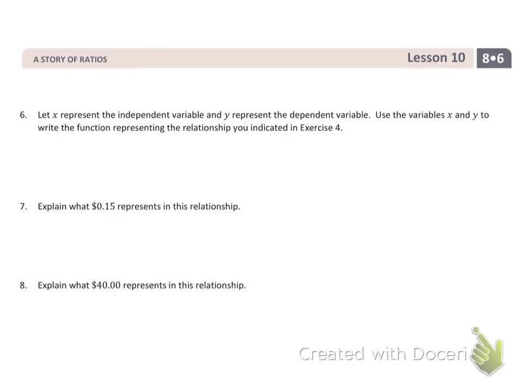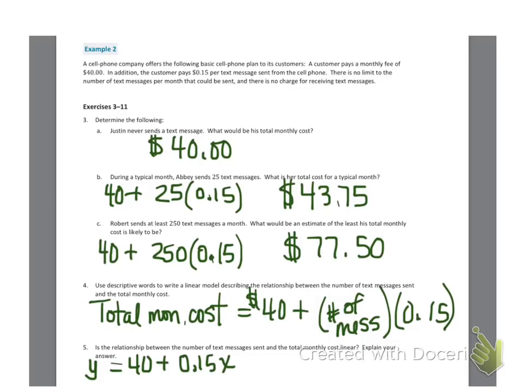Okay, number 6. Let x represent the independent variable and y represent the dependent variable. Use the variables x and y to write the function representing the relationship you indicated in exercise 4. Okay, so in exercise 4 was this.